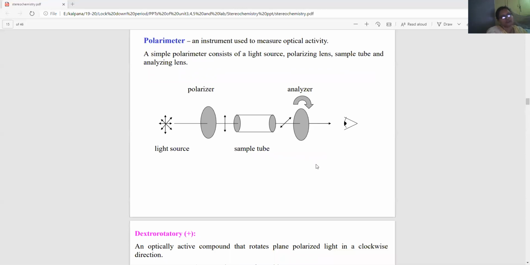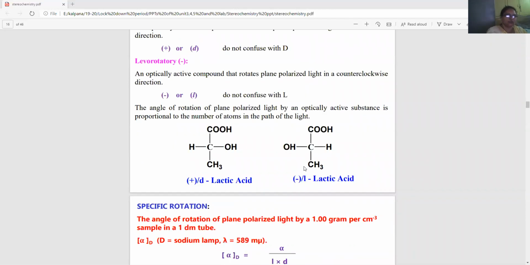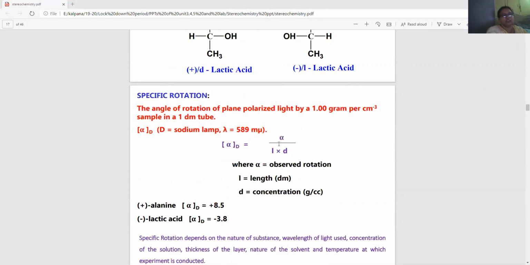If it rotates plane polarized light in the clockwise direction, it is called D or positive. If it rotates the plane polarized light in the anti-clockwise direction, it is represented as small l and negative. Then we have specific rotation, which is calculated as alpha by L into D. So this is about the optical activity.